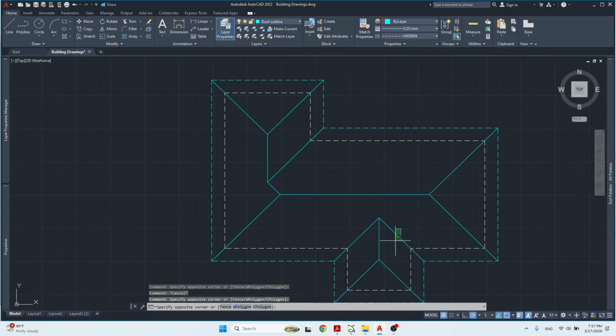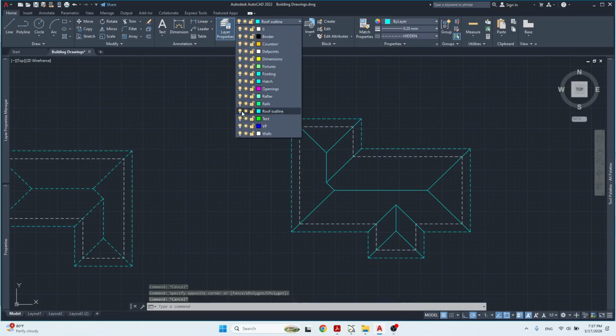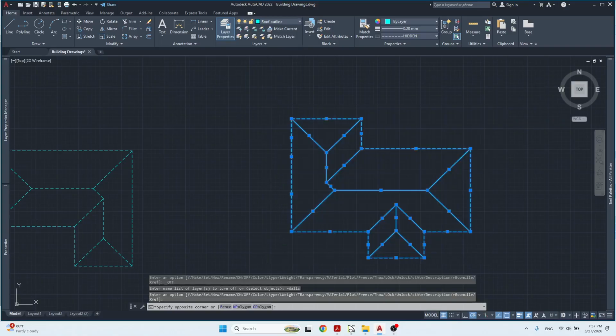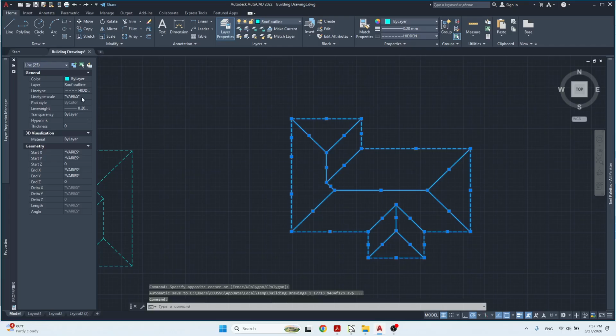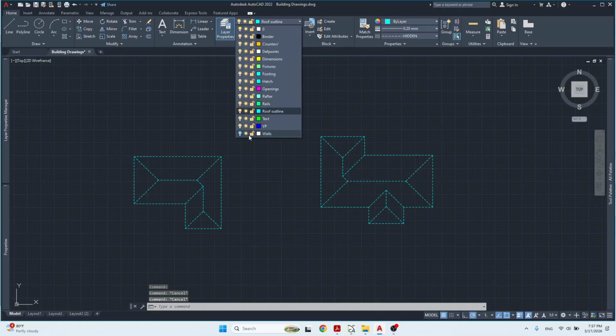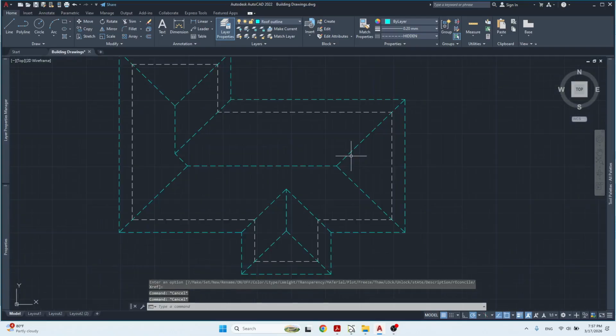This causes a valley, and this is the hip. Hip. All right, so there we have another. So I'm just going to turn off the wall layer so I could make this all hidden lines by changing the line type scale, and I could turn back on the wall layer. All right, so that's another one.